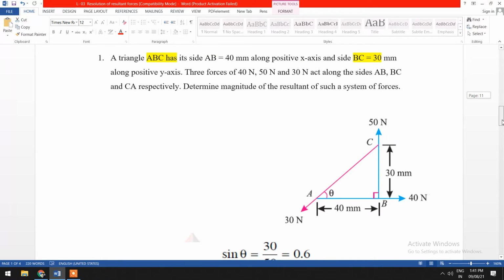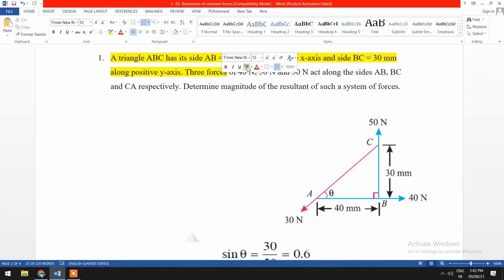Based on this concept, let us do this numerical. What is the statement of this problem? A triangle ABC has its side AB of 40 mm along the positive x-axis.